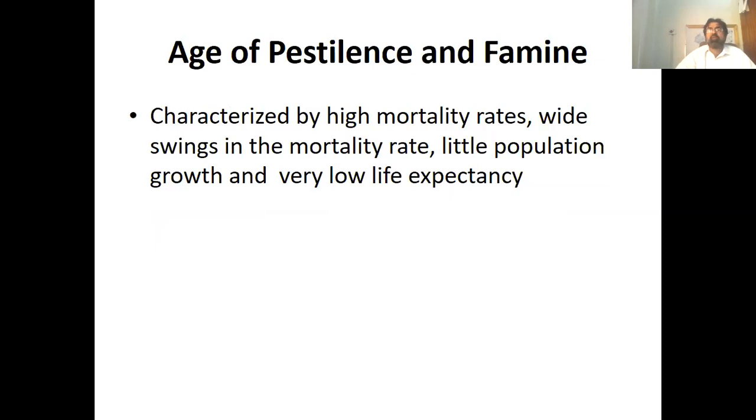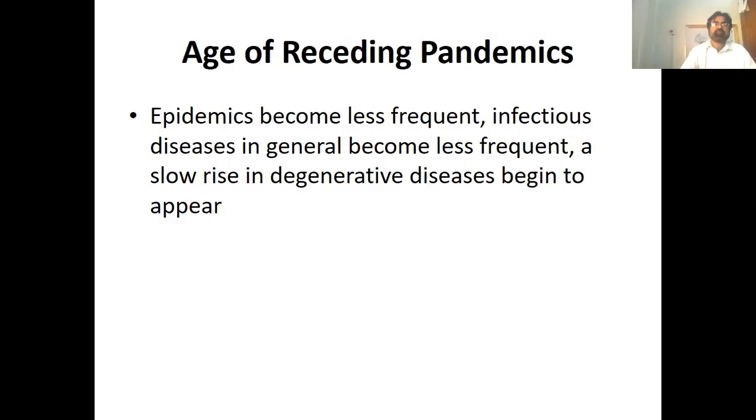Less food was available to the people, and there was no vaccine, no medical facilities, no hygiene, and that's why the death rate was high, the mortality rate was high, and the fertility rate was also high, because the people tend to produce more and more children as the death rate was high, and the life expectancy was lower.